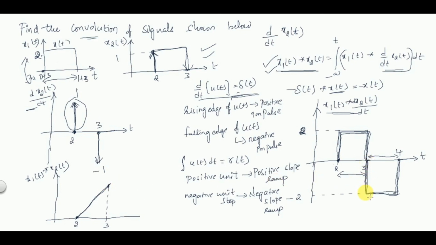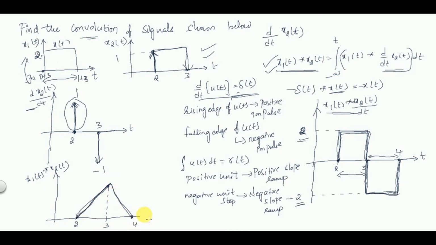And then there is a negative unit step at 3 which ends at 4, with an opposite slope. So the slopes will be opposite to each other. If this slope is some x, then this slope will also be x only. Whatever the rise here, there will be a fall here.